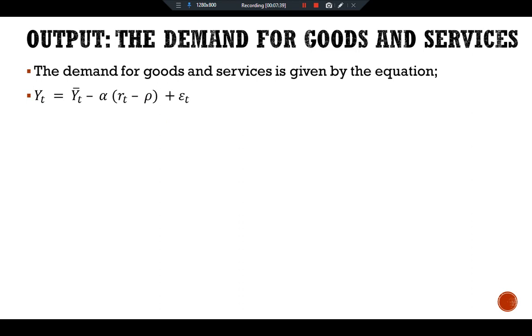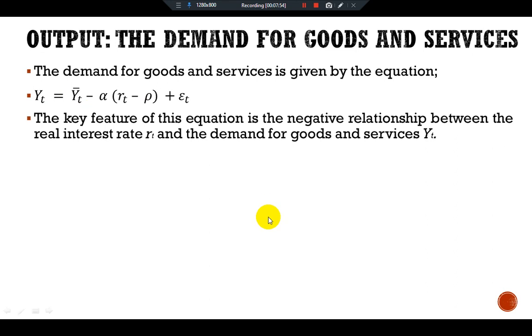Because this equation is so central to the dynamic aggregate demand and supply model, let's examine each of the terms with some care. The key feature of this equation is the negative relationship between the real interest rate RT and the demand for goods and services YT.